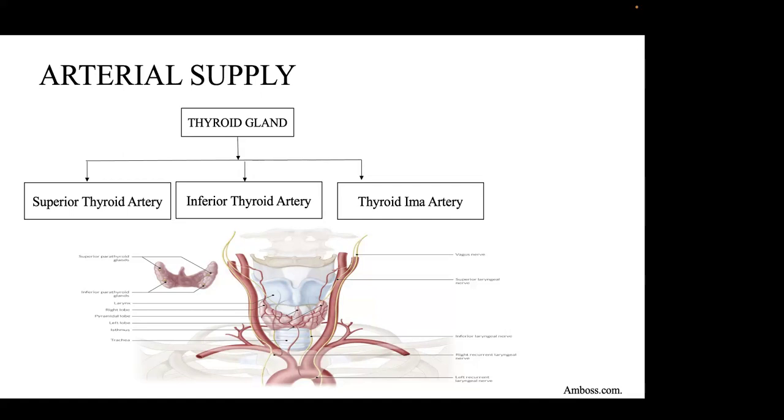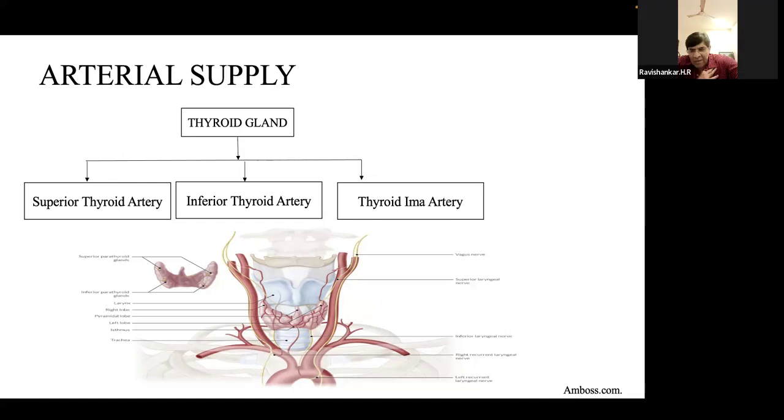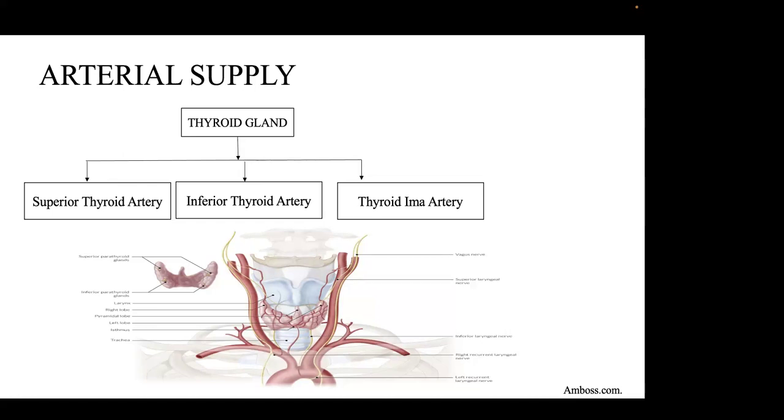So the superior thyroid artery basically gives two branches to the thyroid, the anterior and posterior branches. Correct. And the inferior thyroid artery, once it enters the prevertebral fascia, can divide into a large number of branches, sir.